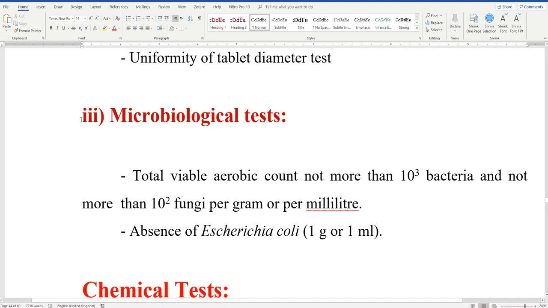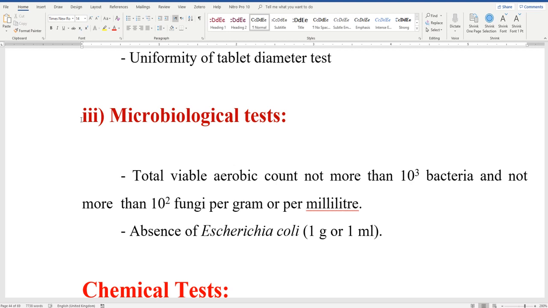For microbiological tests, my question is, are the tablets produced for oral administration, because normally tablets are for oral administration, sterile? Or are they supposed to be hygienic? Now the answer is no, they are not sterile. They are supposed to be hygienic.